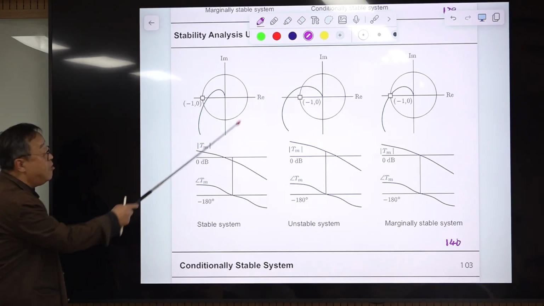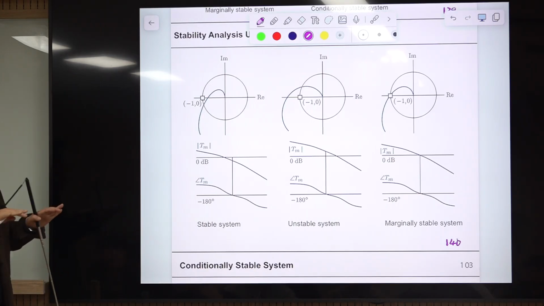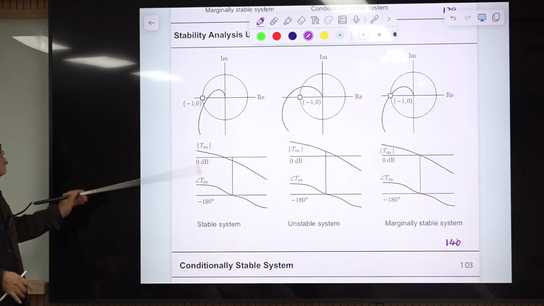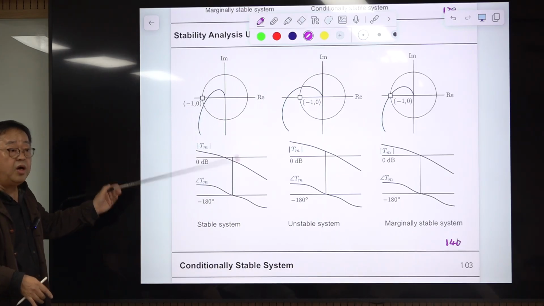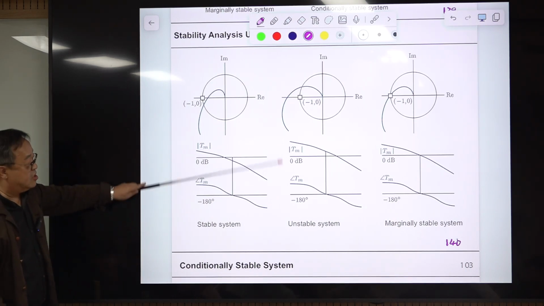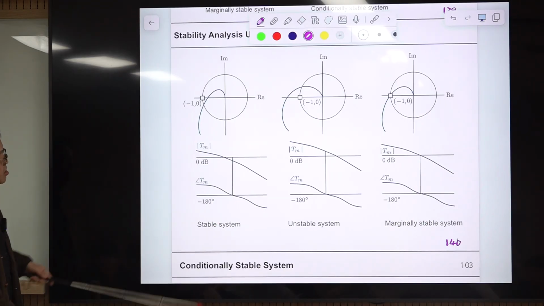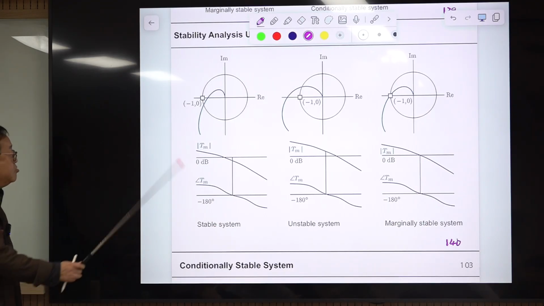You take the data and write a very simple program to change it to the polar plot form, or some software has that kind of built-in feature. Usually this is easy to see. So let's determine the stability of a system using this.